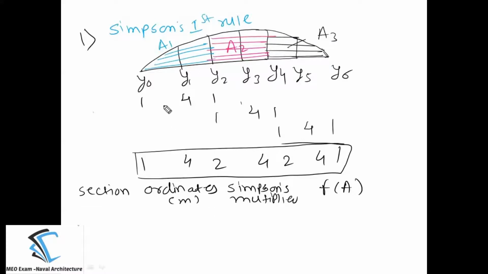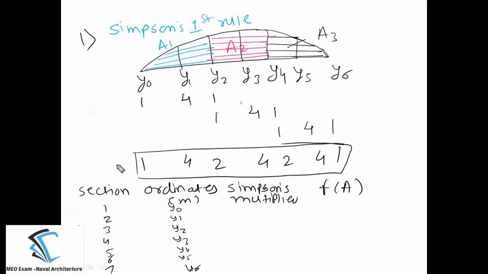So in this case I will consider this y0, y1, y2, y3, y4, y5, y6 are all linear quantities. So sections is like this: you can write 1, 2, 3, 4, 5, 6, 7. So this will be y0, y1, y2, y3, y4, y5, y6.